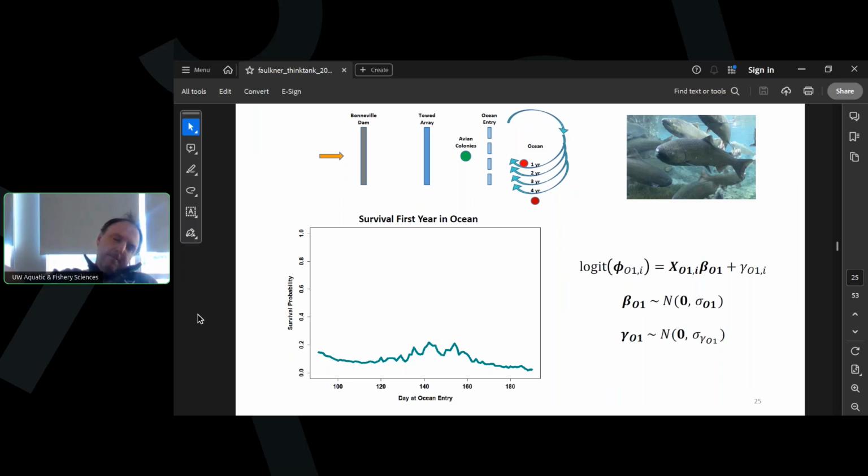Right. I guess what I'm saying is, why just the day of entry into the ocean? If you're out there for 4 years, this is the first year of survival. Survival is an integral over the time you're out. Right. So this first year includes shared covariates like ocean conditions.